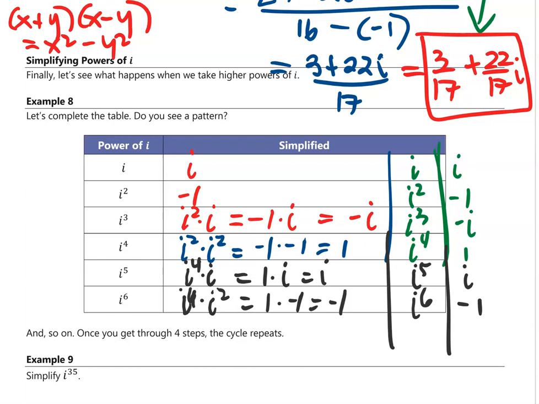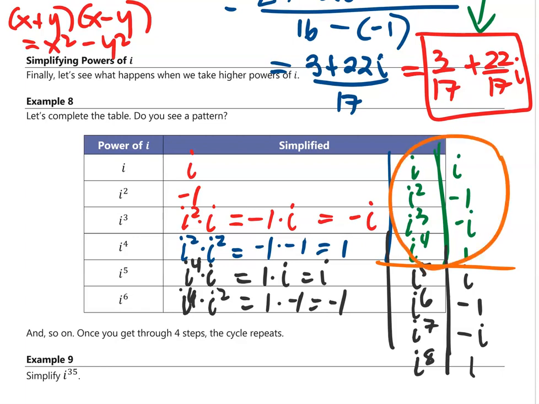Do you see a pattern here? What's going to be i to the 7th? Or i to the 8th? i to the 7th is, yes, negative i. i to the 8th is 1. Very good. Look at the pattern here. Look at the first 4: i, negative 1, negative i, 1.